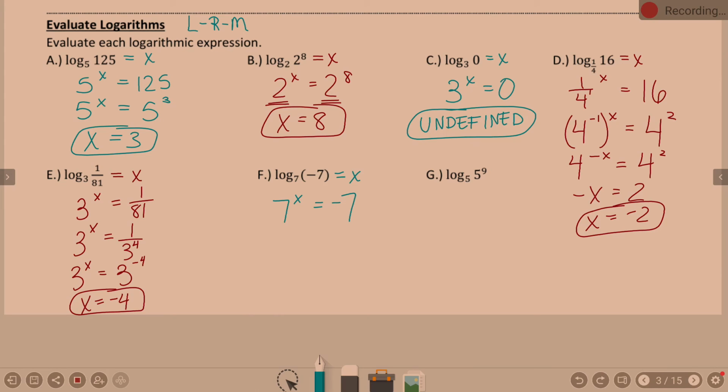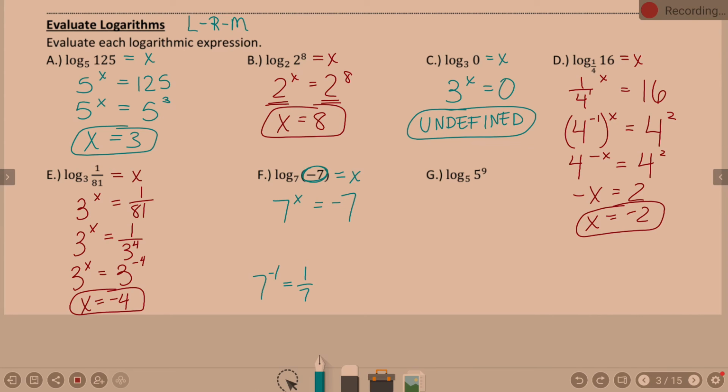I would say 7 to the negative first is, how do I get rid of a negative exponent? 1 over 7. I need negative 7. Why undefined? Because it is. Well, other than because it is. What do we have here?